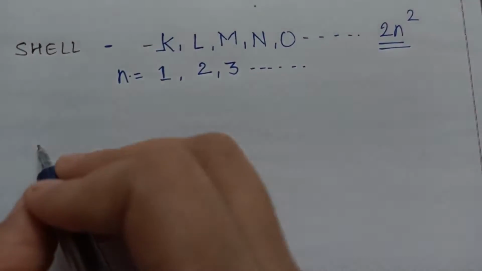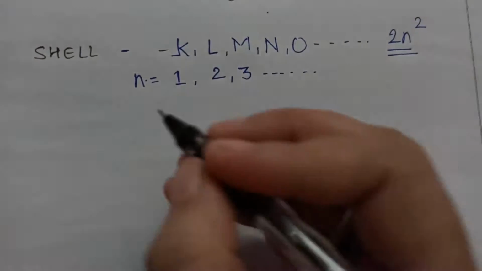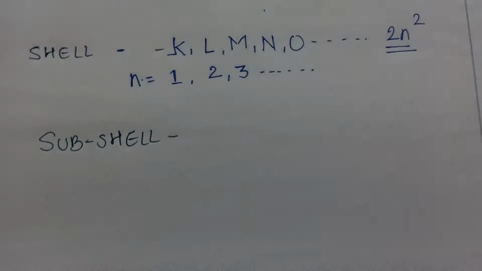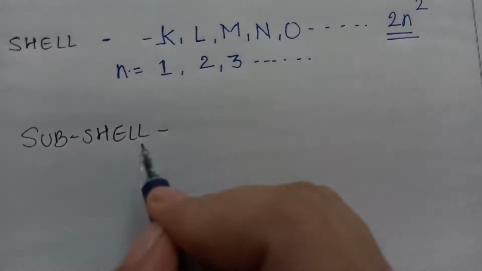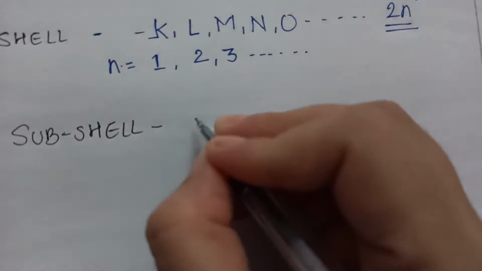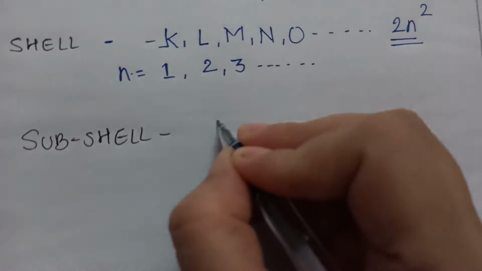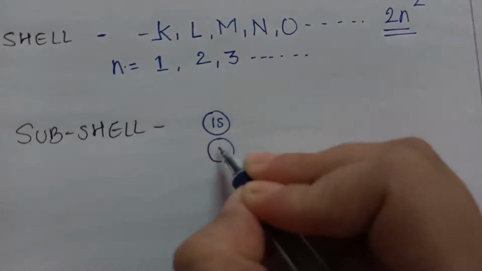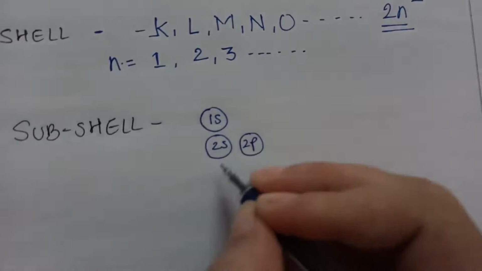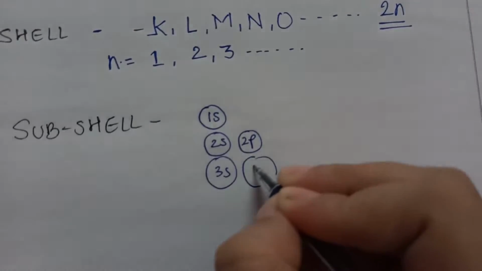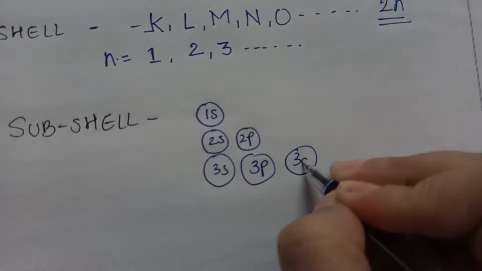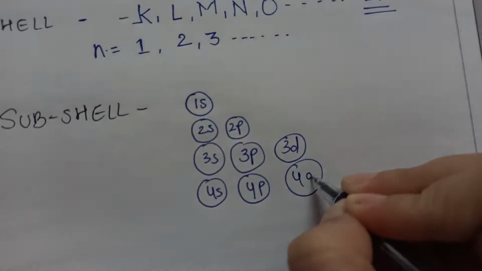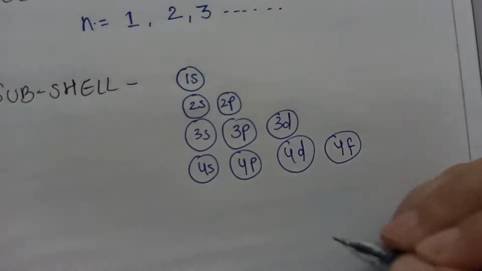Next comes what is a subshell. Inside the shell are found subshells. You have studied Aufbau's rule. So if I write like this, 1s, 2s, 2p, 3s, 3p, 3d, 4s, 4p, 4d, 4f, and so on.